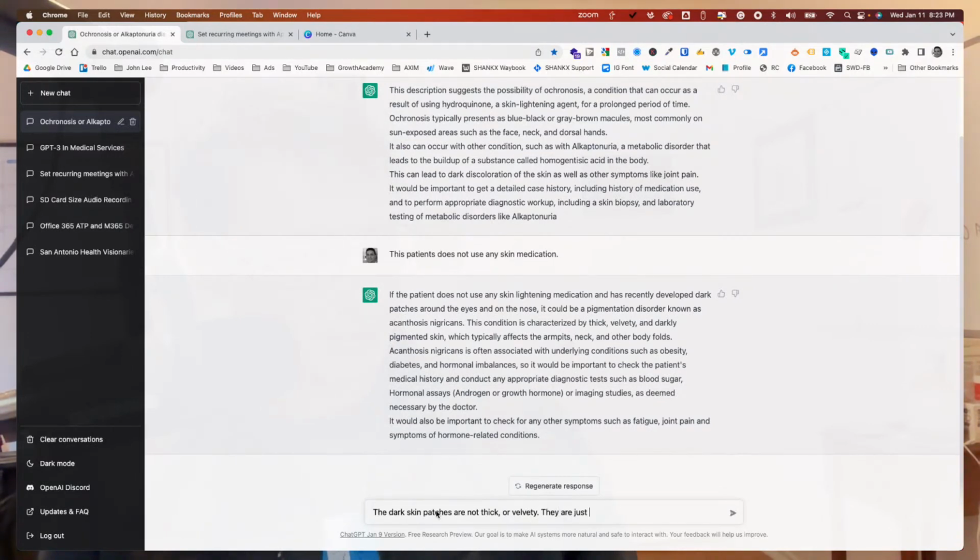They are just slightly darker than the rest of his face.